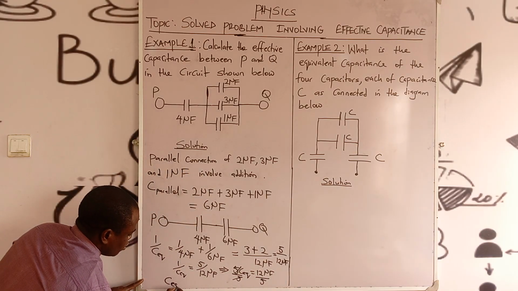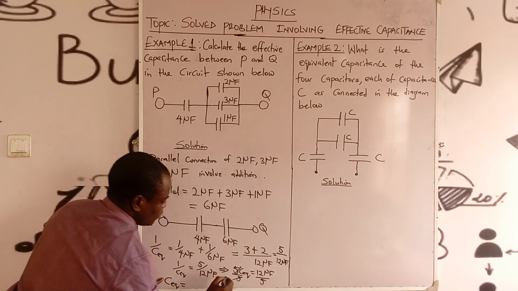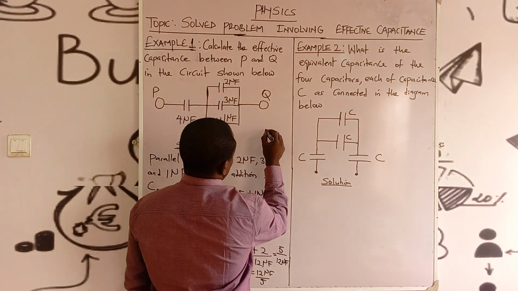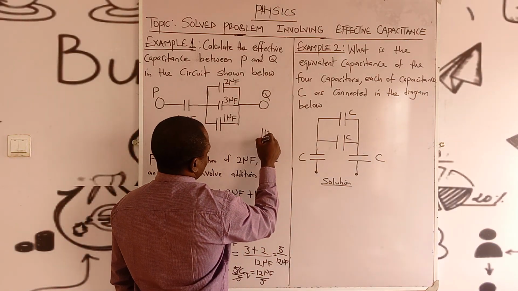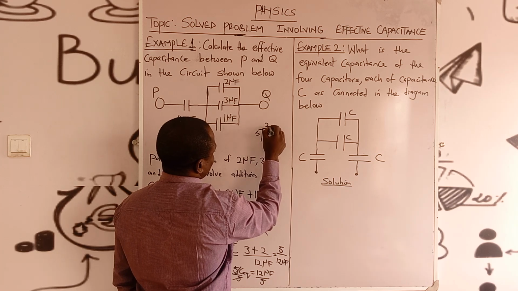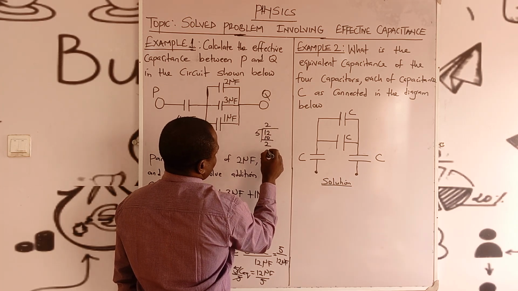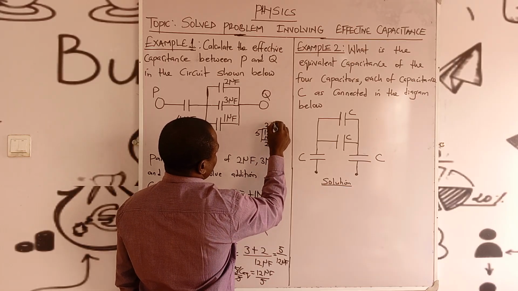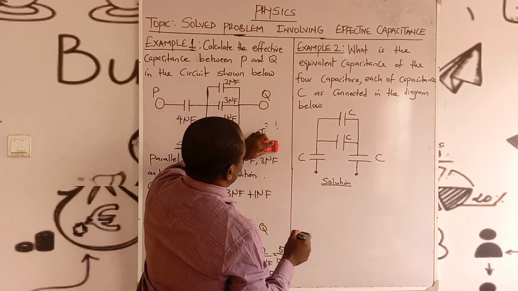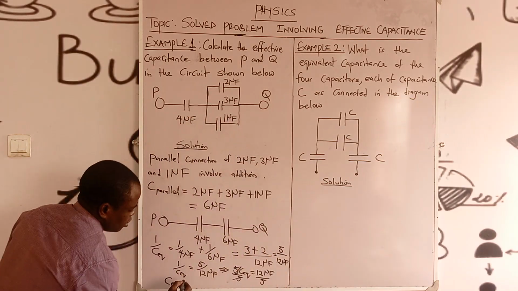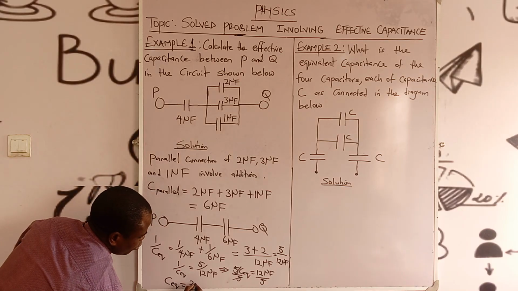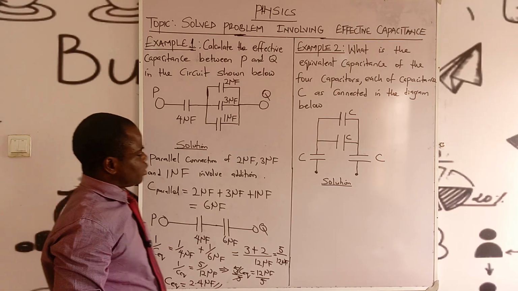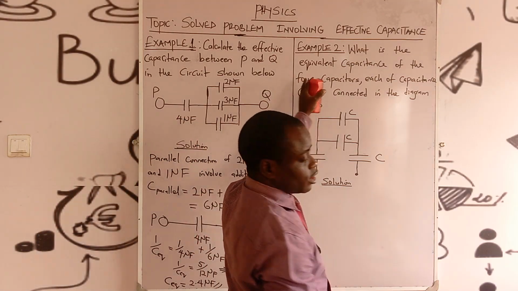We have equivalent capacitance to be 12 divided by 5. 5 into 12, 2. 5 times 2, 10. Subtract, 2. Put a decimal, add a 0. 5 into 20, that's 4. That's 2.4 microfarad. Equivalent capacitance is 2.4 microfarad.